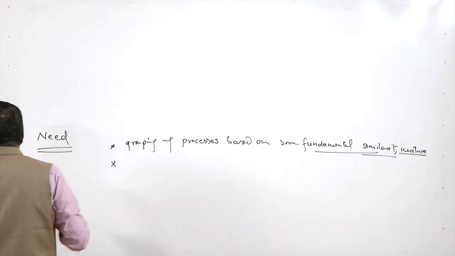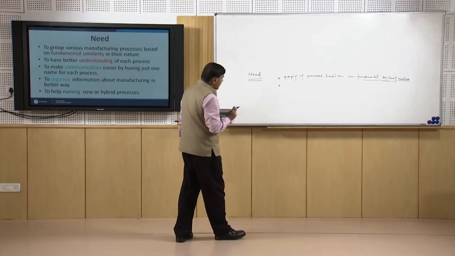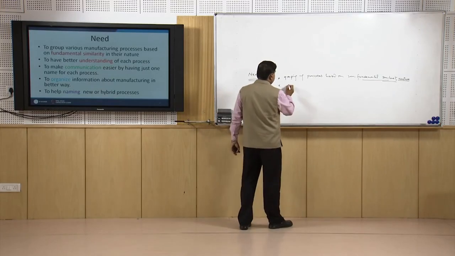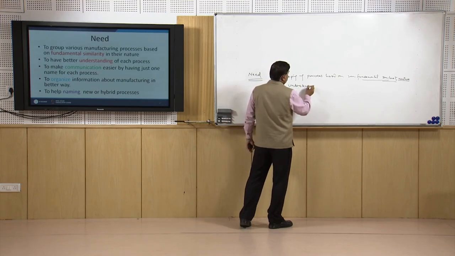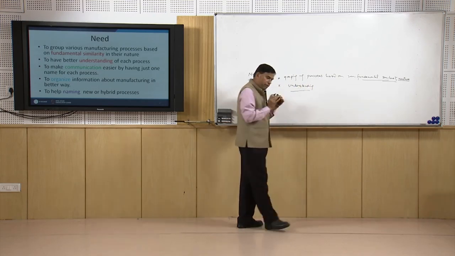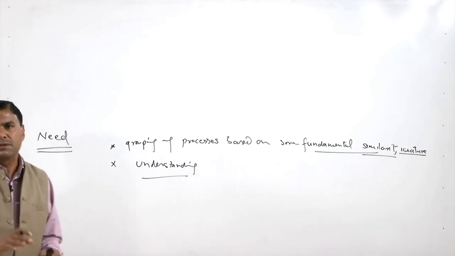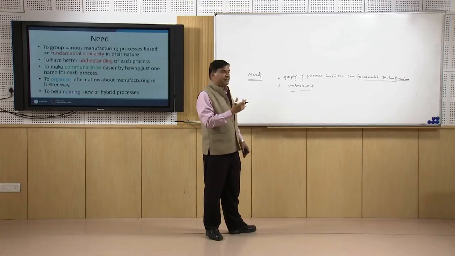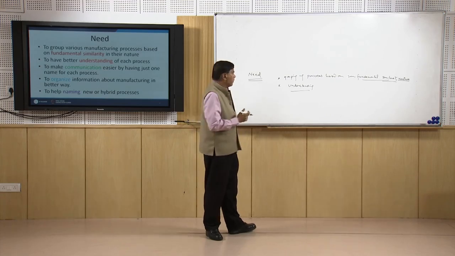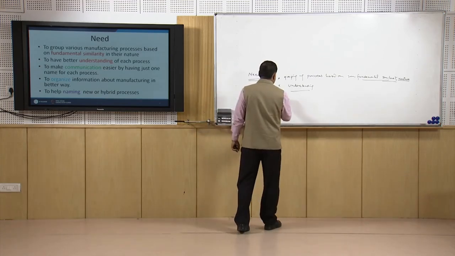The second is developing an understanding of the process. It helps us have a clear understanding of the subject or the process, to distinguish it from other processes in light of the fundamental aspects associated with that particular process.